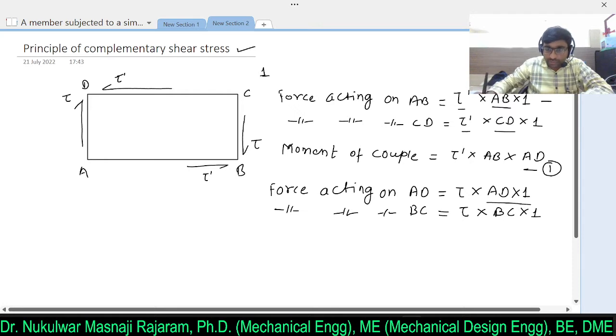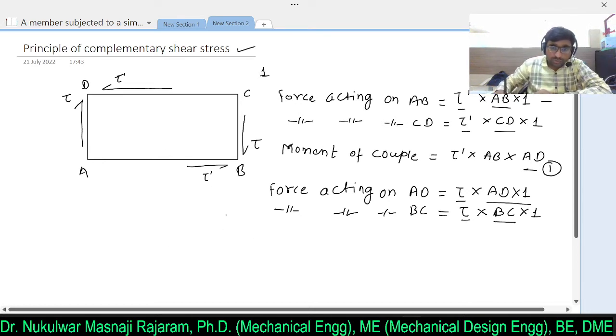Now if you observe this particular equation, the shear stress is the same on AD and BC. If you observe this length AD and this length BC, both are similar. So I can say that again two forces are acting. This force is in the downward direction, this force is in the upward direction. So when two forces having the same intensity and opposite nature act, it will again form a couple.